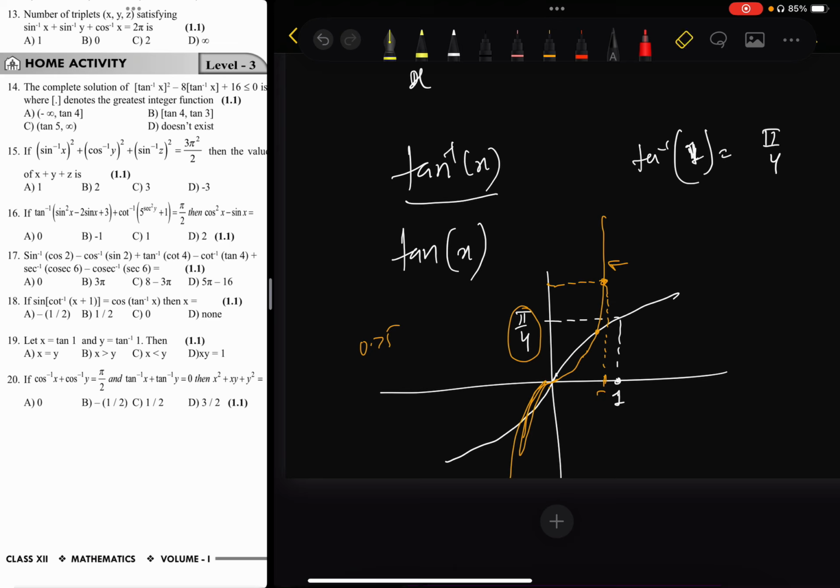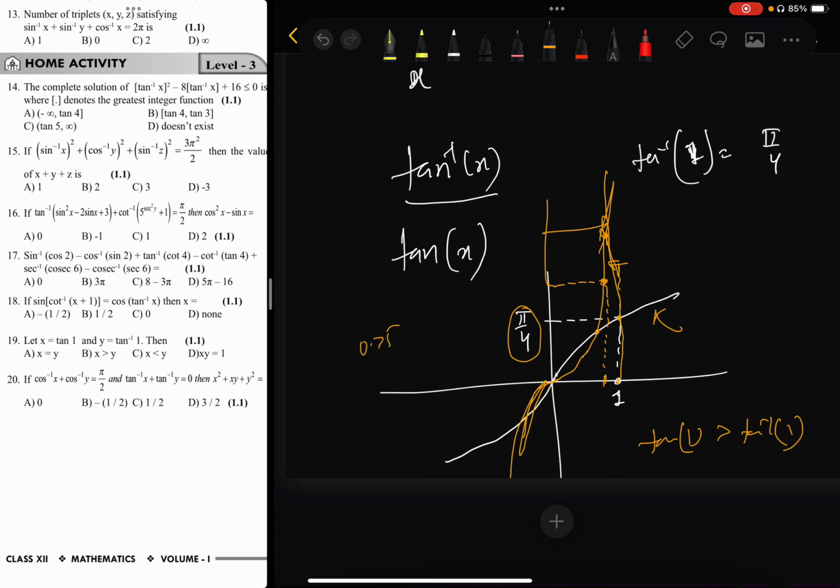No, we don't need to find tan pi by 4. In each function we need to put 1. So here also for the same type of function, if you take 1 in both the functions, as you can see this tan 1 is greater than this tan inverse 1, right? So tan 1 is greater than tan inverse 1, right?